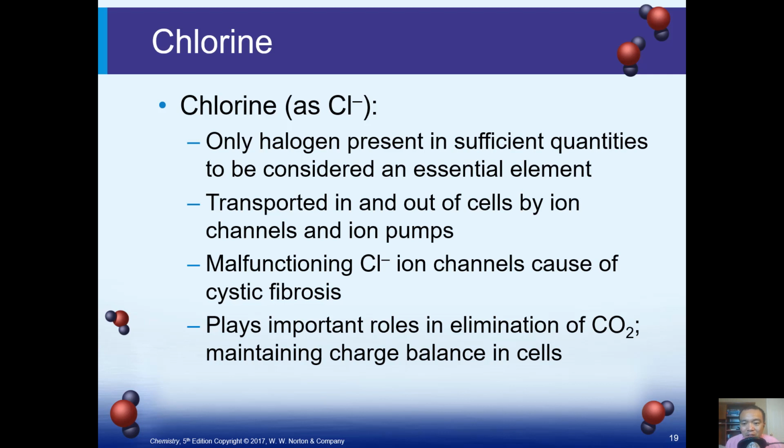Like other major essential ions, chloride ions are transported into and out of cells primarily via ion channels and ion pumps. Remember, ion channels give you passive transport, and if you use ion pumps, that's the active pathway.